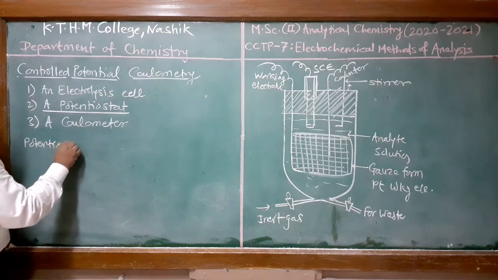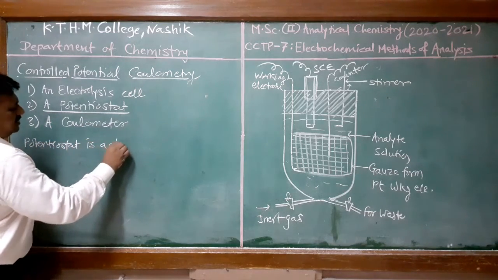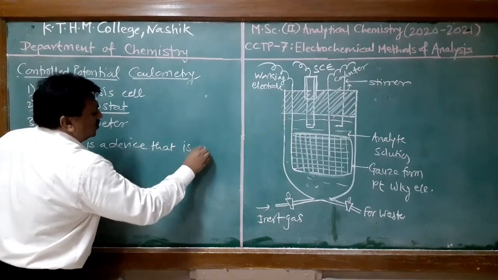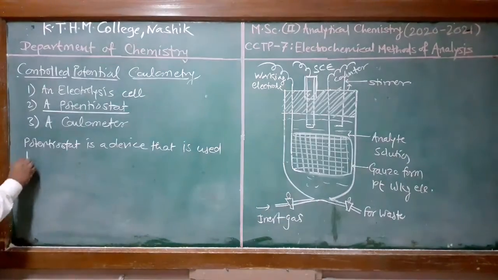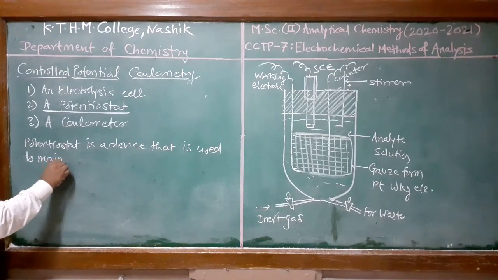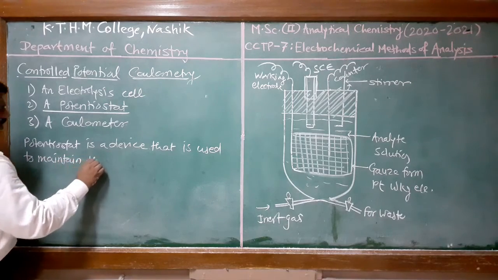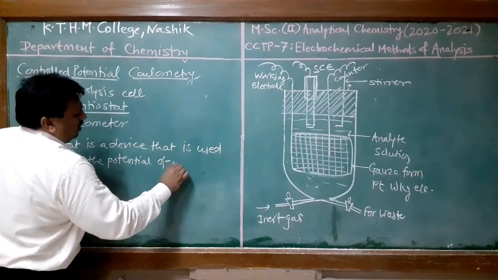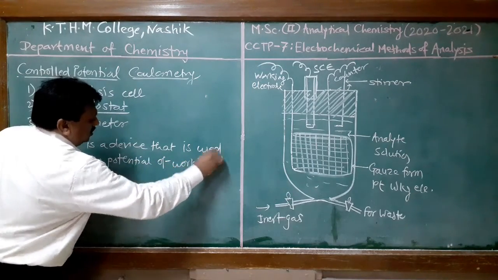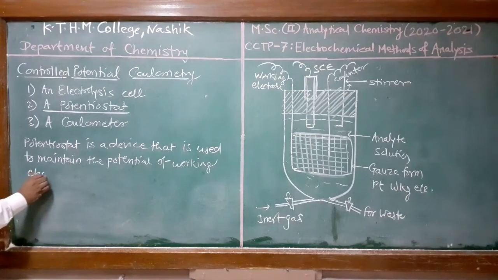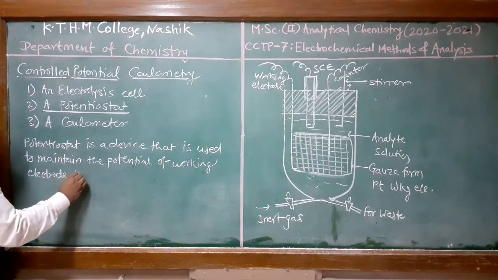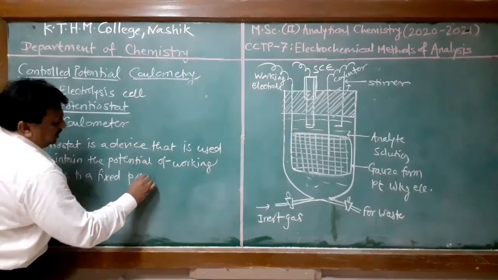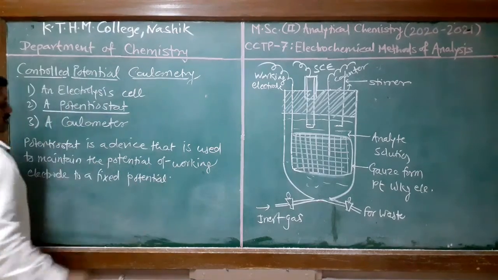A potentiostat is a device that is used to maintain the potential of the working electrode at a fixed potential value.